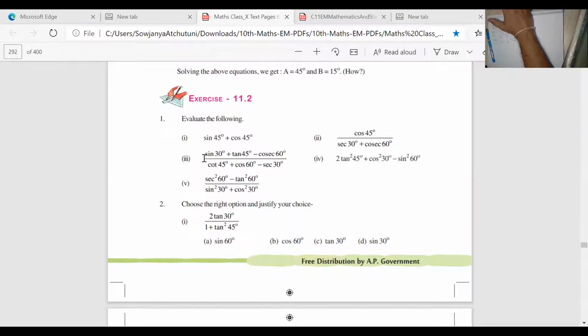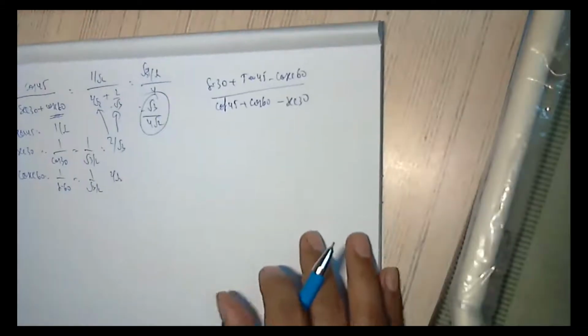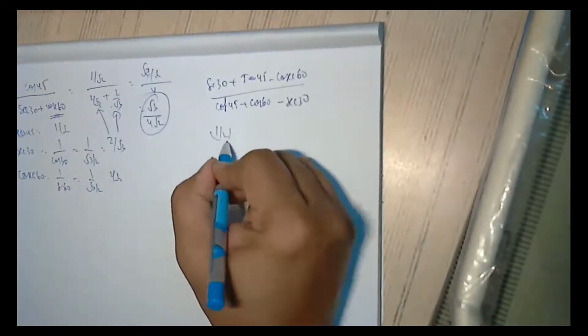Let us see this one. Sin 30 plus tan 45 minus cosecant 60 divided by cot 45 plus cos 60 minus secant 30. Sin 30 is 1 by 2.